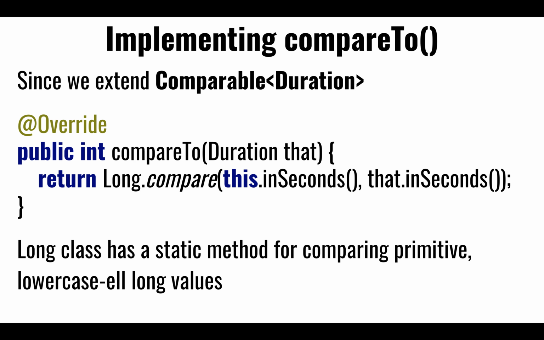We convert the current instance into seconds, convert the other instance into seconds, and then just use the native implementation of compare that can compare two longs. Then it's very easy to implement compareTo. Again, it's an override, so we want to make sure we're writing the signature correctly, and the compiler will let us know if we tag it with @Override.